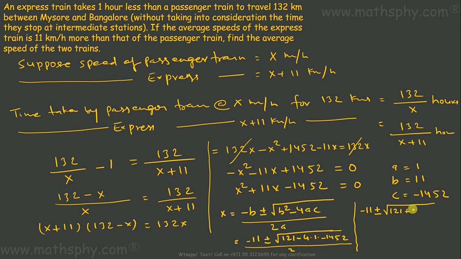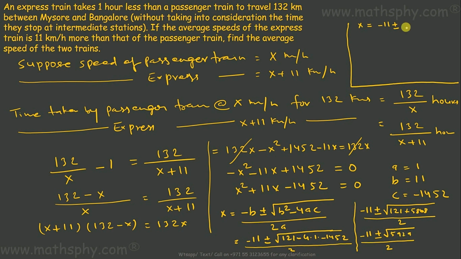It gives you 5808 over 2. So this will be negative 11 plus minus root 5929 over 2.